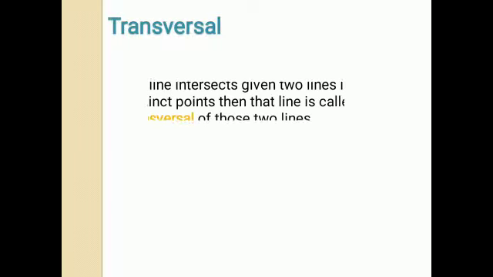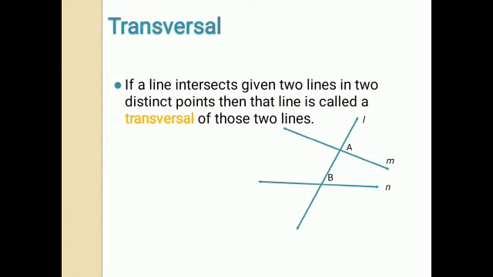Transversal. In the figure, line L intersects lines M and N at two distinct points A and B. Here we say line L is a transversal of line M and line N. That is, if a line intersects two given lines in two distinct points, then that line is called a transversal of those two lines.